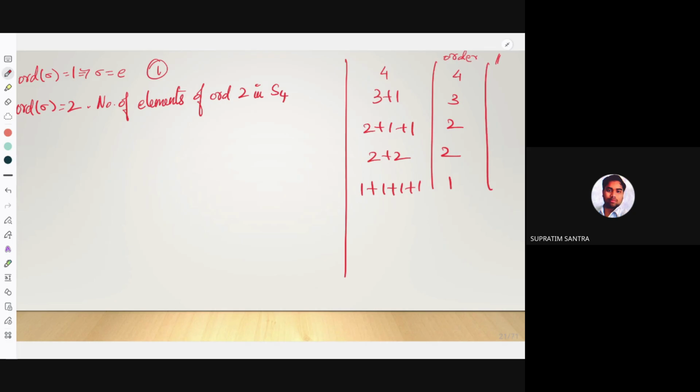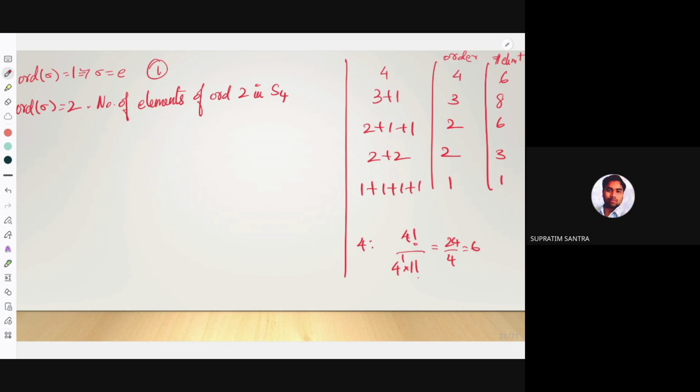And next we have the number of elements of that cyclic decomposition. If we compute, we'll get 6, 8, 6, 3, 1. So how do we compute for 4? It's basically 4 factorial divided by 4 power 1 times 1 factorial, which is 4 factorial by 4, which is 6.